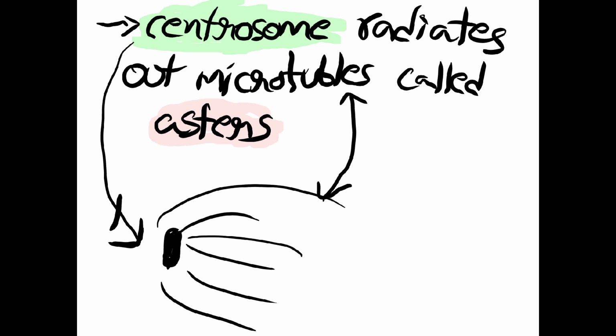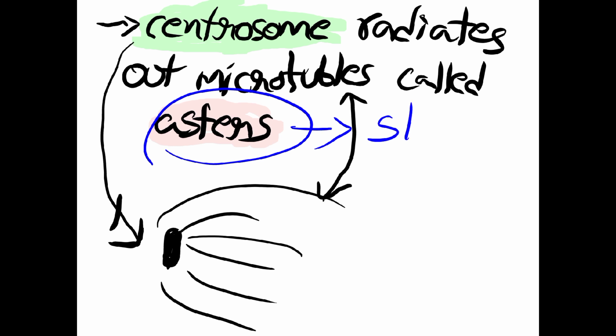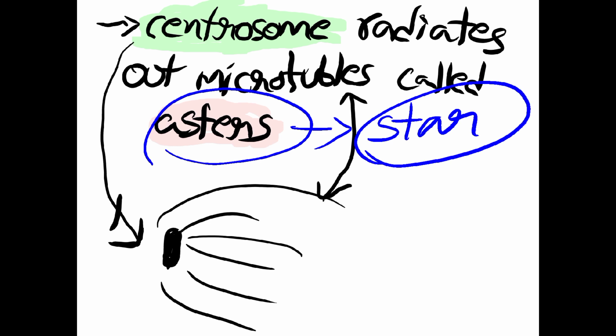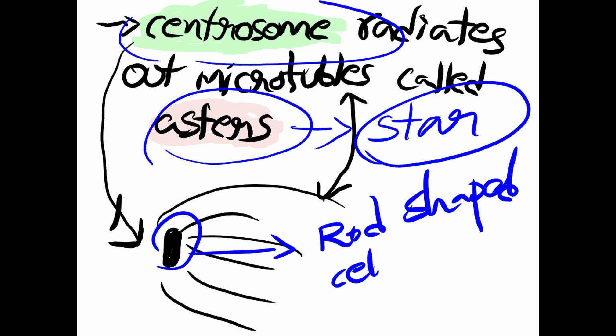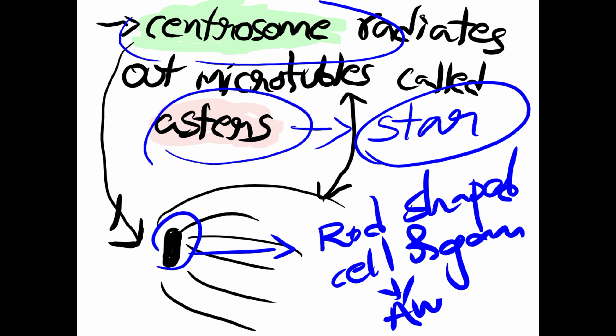This centrosome is also called asters. The term aster actually means star. This is a centriole, which is also called a centrosome. The centriole is a rod-shaped cell organelle present only in animal cells, which plays an important role during animal cell division.